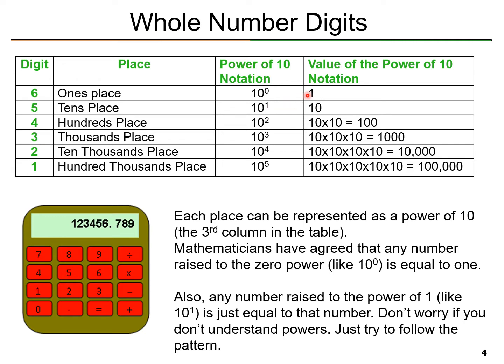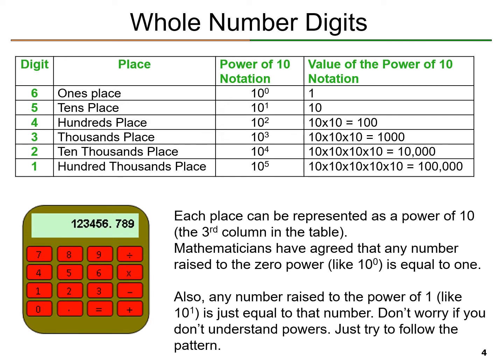Notice here, 1 is the same thing as we write down a 1 with 0 zeros. So there's no zeros after the 1. 10 is we write down a 1 and we add 1 zero.